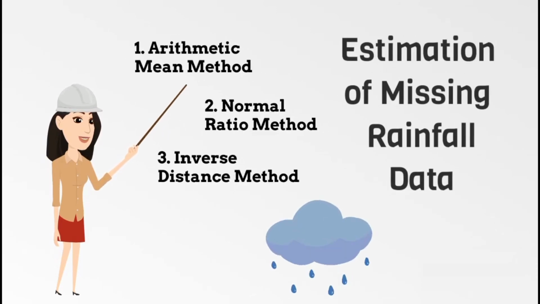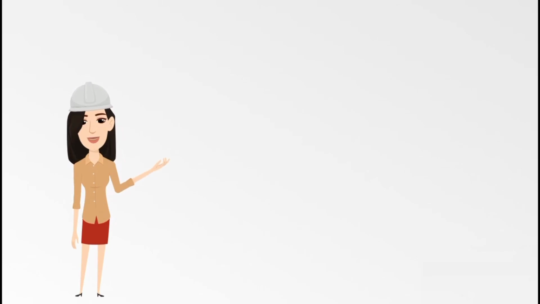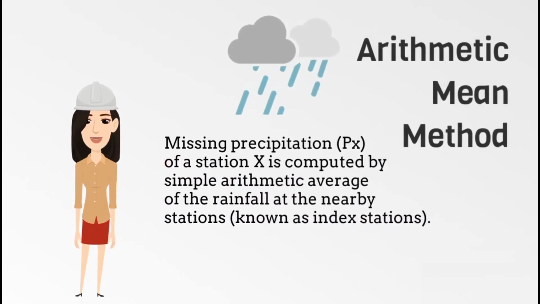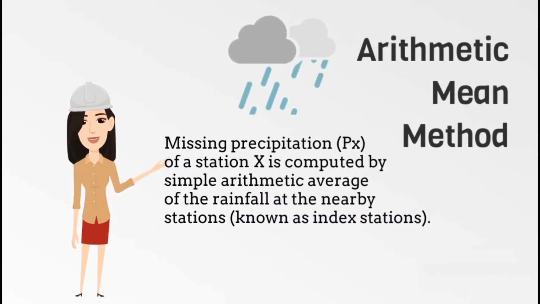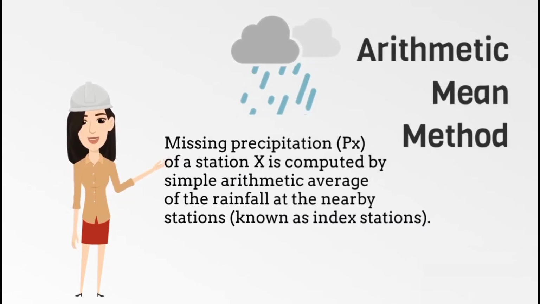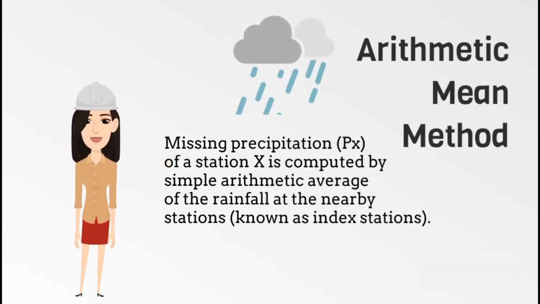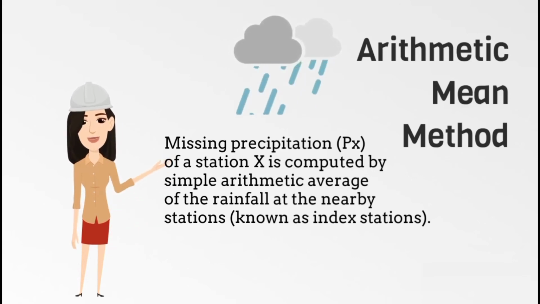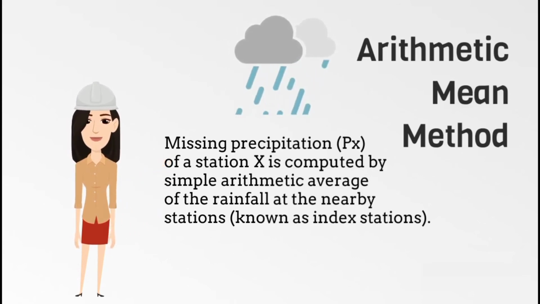The following methods are generally used for computing the missing rainfall data. Arithmetic mean method. Missing precipitation P sub x of a station x is computed by simple arithmetic average of the rainfall at the nearby stations, known as index stations.